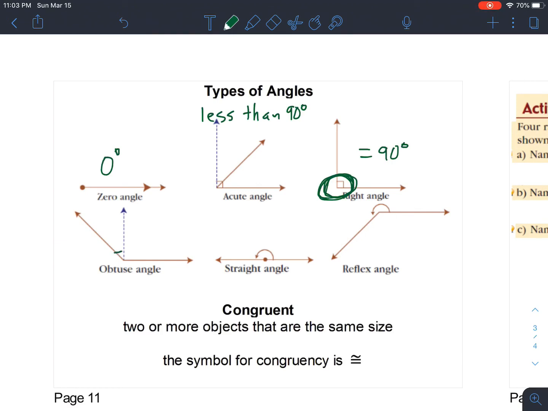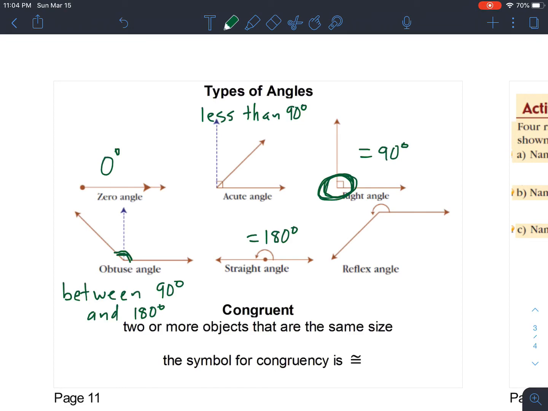Alright, then the obtuse angle down here, that one is going to be between 90 and 180. This straight angle, this is the one that equals exactly 180 degrees.